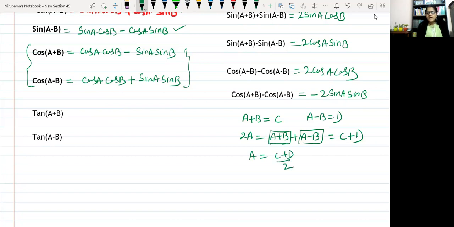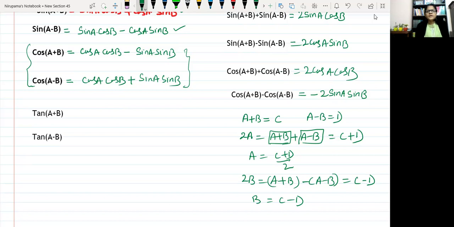Similarly, 2B is A plus B minus A minus B, that is C minus D. So B equals C minus D by 2. So the above formulas, like sin A plus B plus sin A minus B, can be converted.